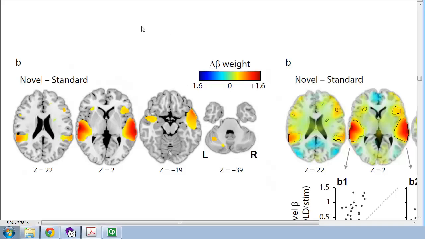And it turns out that you have a big response when there's something new. Okay, so here novel minus standard is a contrast between those two conditions.